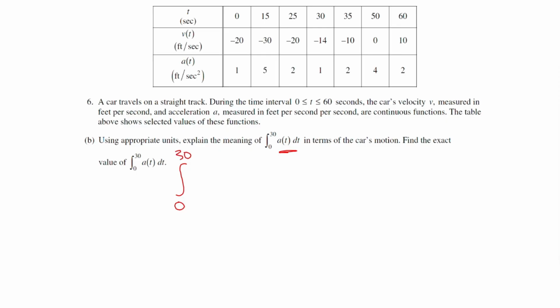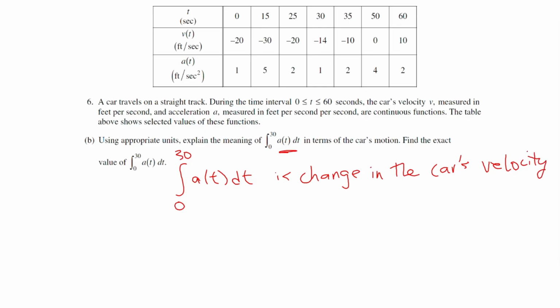The integral from 0 to 30 of a of t dt is an integral of the rate of change of the velocity, so it's just the change in the car's velocity, and we'll say in feet per second, because it says using appropriate units, on t equals 0 to t equals 30 seconds.